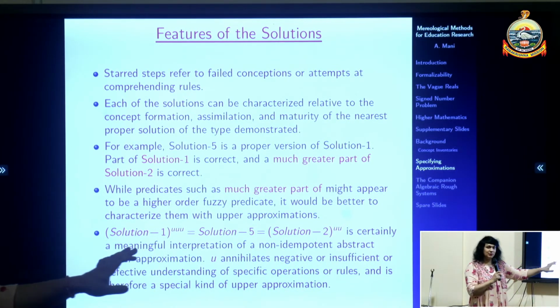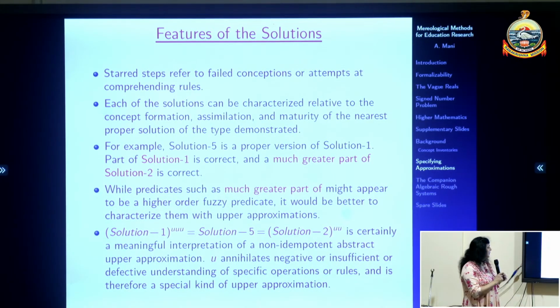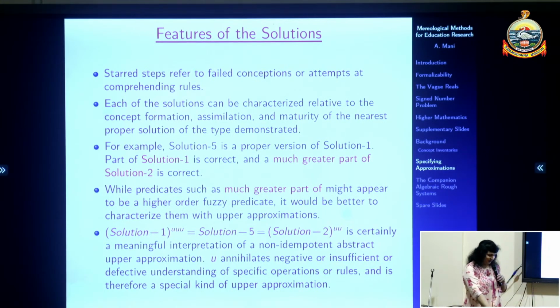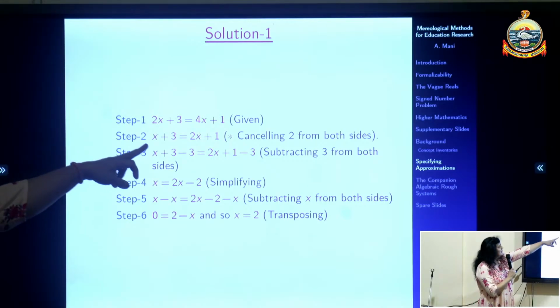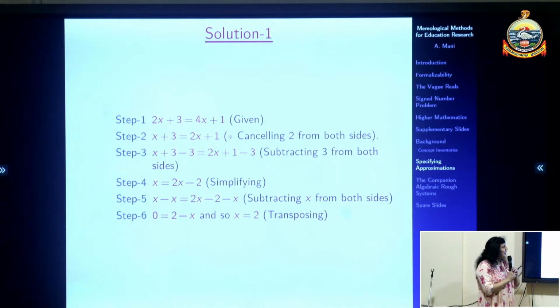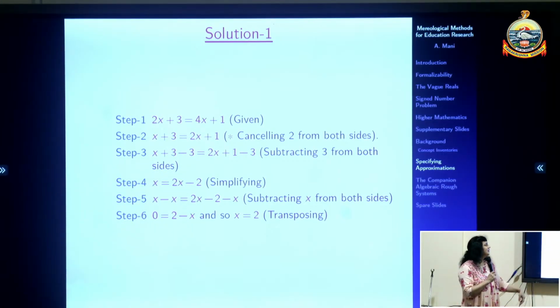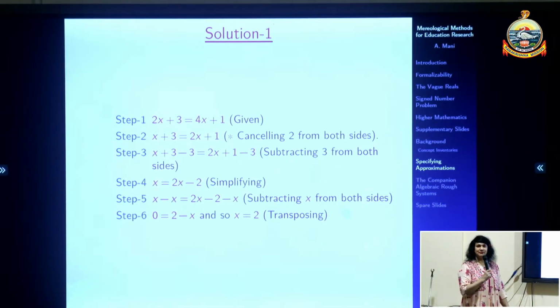I actually propose ideas of approximating solutions. I'll consider some solutions. This is an example of a solution. So various steps are mentioned, and some are wrong always. They are errors. And how does one formalize these? This is one of the questions which I address.